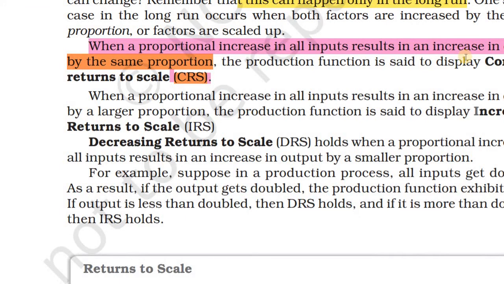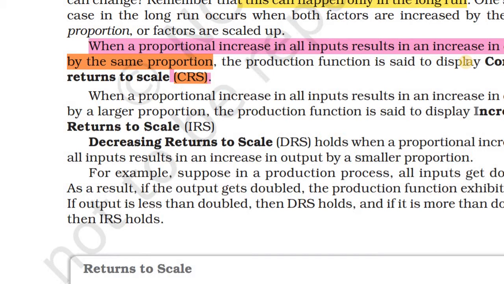Next one is decreasing return to scale. In that one, when a proportional increase in all inputs results in an increase in output by a small proportion, means we are giving 5% increase in labor, capital, raw material, all inputs, but the increase in output is only 2%.